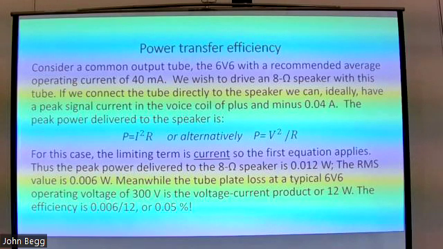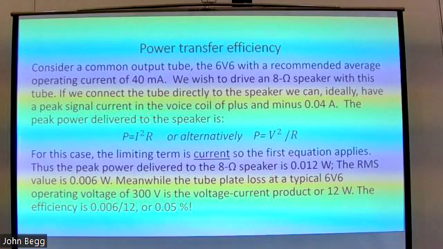The power delivered to the speaker can follow either one of these equations, where P = I squared times R, and R is the resistance of the speaker. Alternatively, power can be the voltage squared over the resistance of the speaker. For this case, the limiting term is current, so the first equation applies.